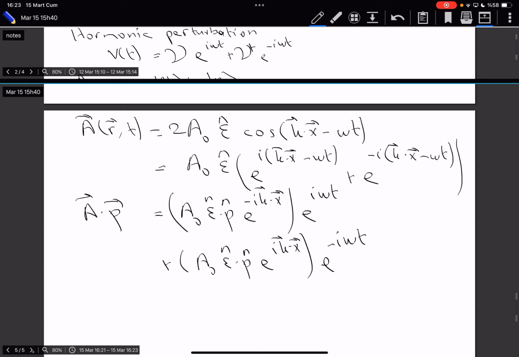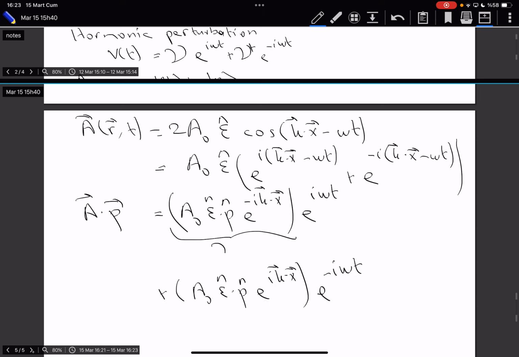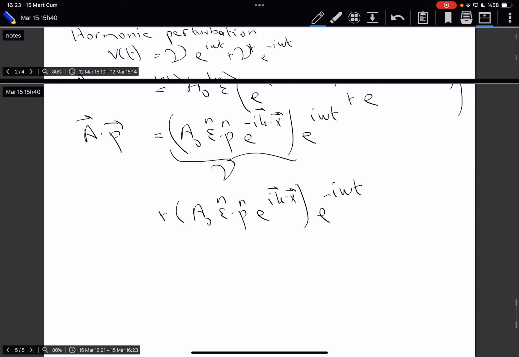Now this is the problem that I had already studied. This is what I called V. This is what I called V dagger.